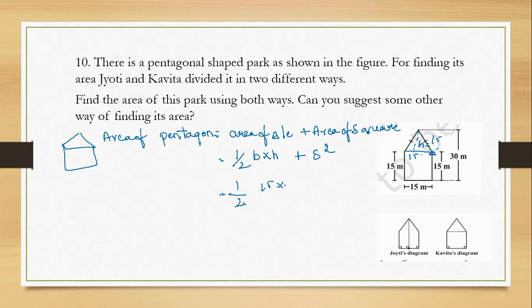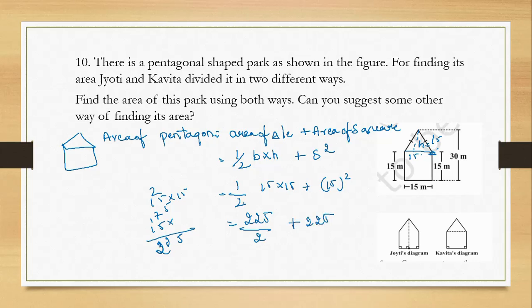So 15 into 15 by 2 plus 15 square. 15 times 15 is 225, 225 by 2 is 112.5 plus 225.